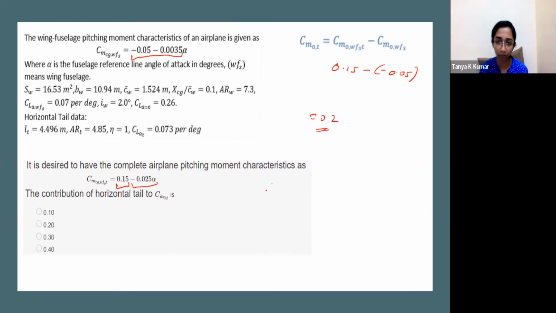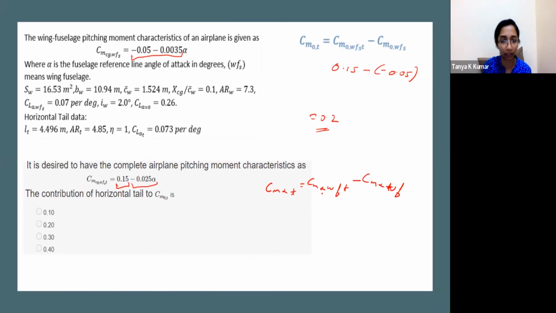So CM alpha tail would be CM alpha of wing, fuselage, and tail minus CM alpha of wing and fuselage. What is the value of CM alpha of wing, fuselage, and tail?